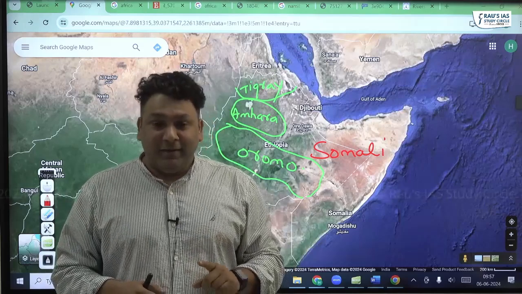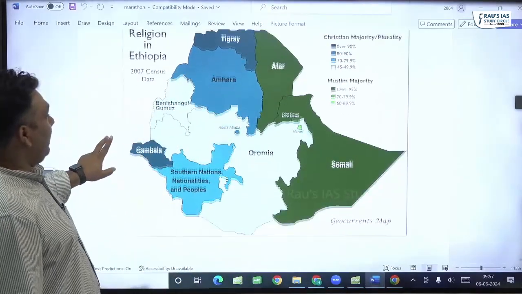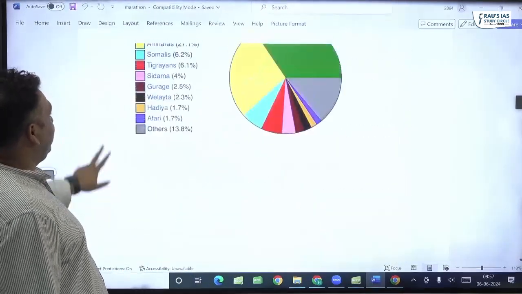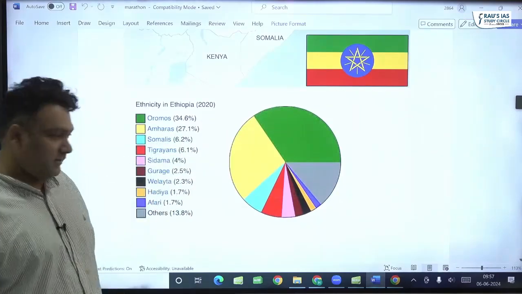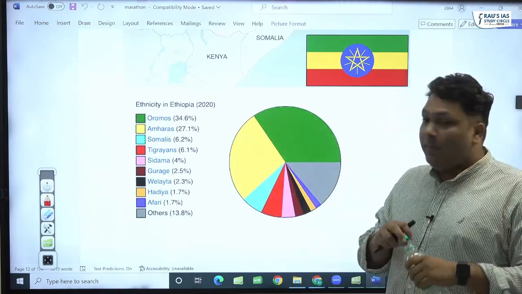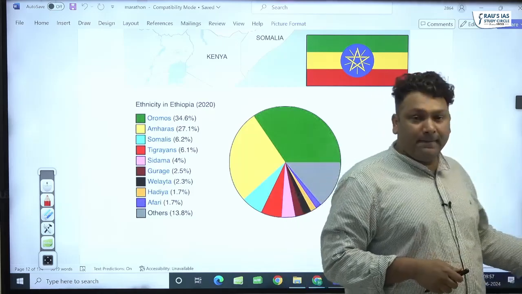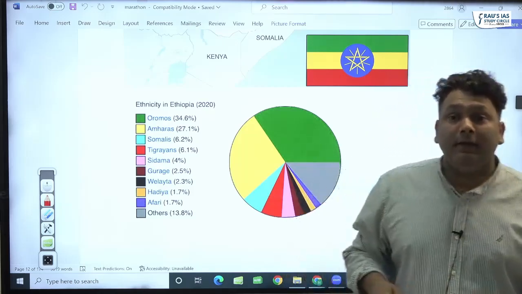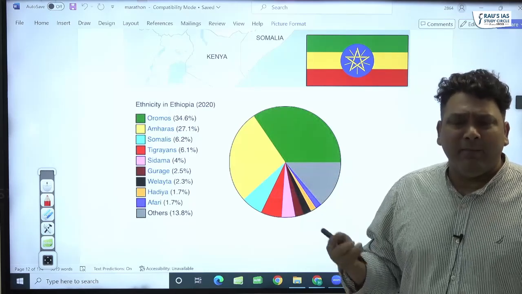So look at the ethnicities here. The most dominant group, being Oromo, on the percentages, around 35%. Oromo 35. Second largest is Amhara. Abiy Ahmed hai na?